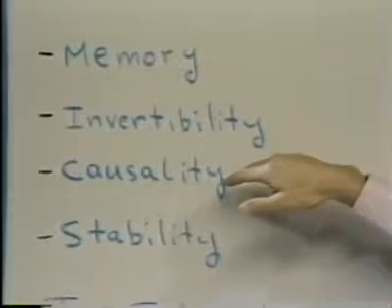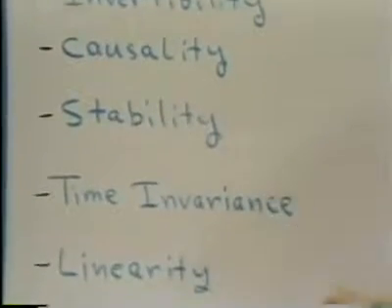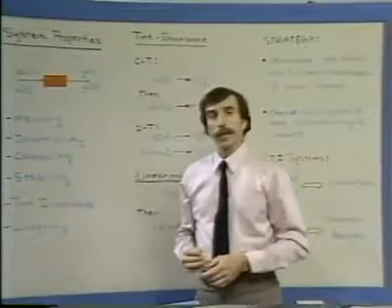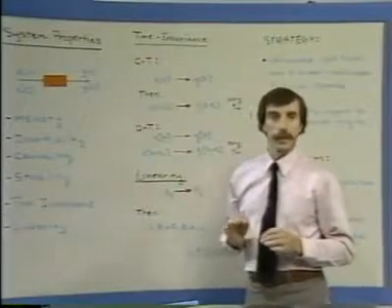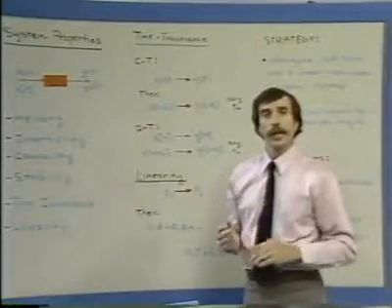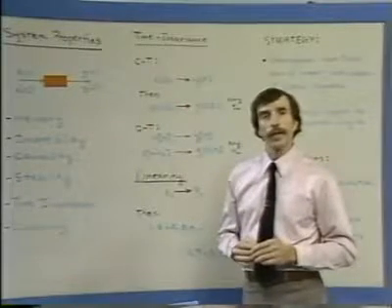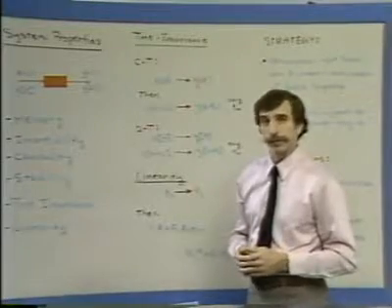We talked about causality and stability. And finally, we talked about linearity and time invariance. In today's lecture, what I'd like to do is focus specifically on linearity and time invariance and show how, for systems that have those properties, we can exploit them to generate a general representation.